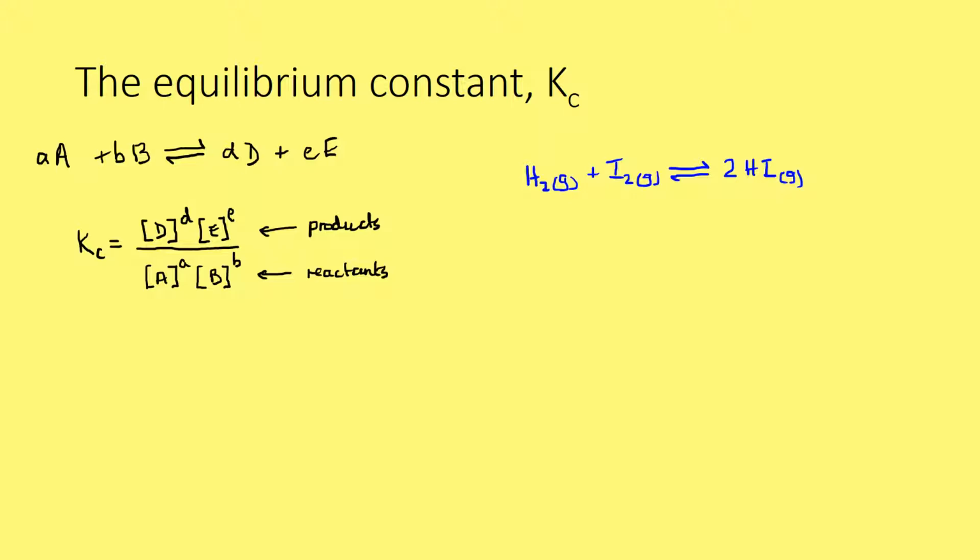So the forward reaction is the reaction where hydrogen reacts with iodine to produce hydrogen iodide, and that's going in the direction left to right, the forward reaction. But at the same time, the backward reaction is happening, and that's when hydrogen iodide decomposes back into its constituents, hydrogen gas and iodine gas.